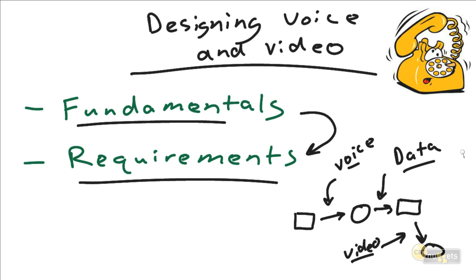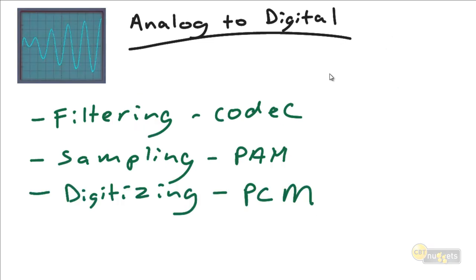Now, first things first, we have voice. Traditional voice traffic, a traditional telephone network. When we speak into that phone, it creates this analog waveform. To get this information over the data network, we need to convert it to digital. There are several steps in this conversion process. One of them is to filter: take this signal and filter out the speech that we care about.